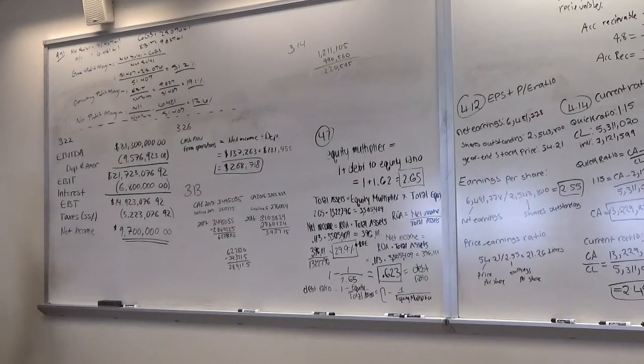Okay, so I did 3.22, and we had to create an income statement for Sosa Corporation. So they recently reported an EBIT of $31.3 million and a net income of $9.7 million. The company had $6.8 million in interest expense, and the average corporate tax rate was 35%. What was its depreciation and amortization expense?